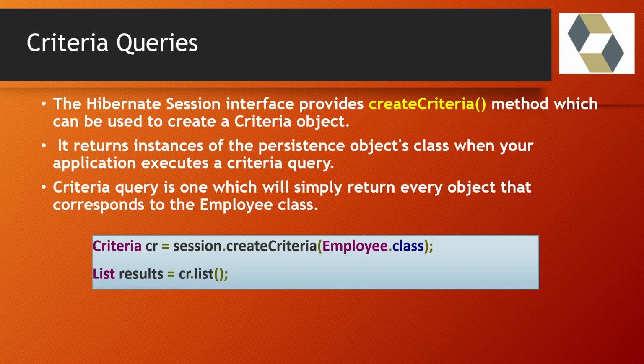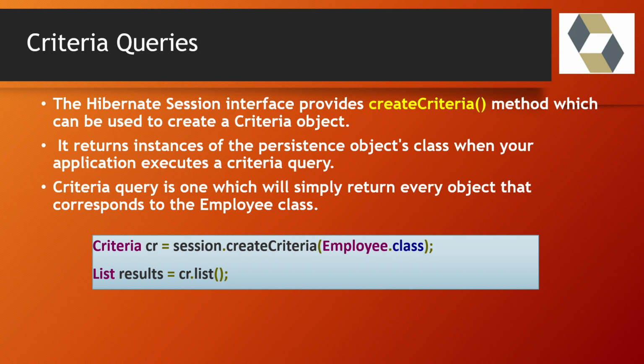The Hibernate session interface provides the createCriteria method, which can be used to create a criteria object. This will return an instance of the persistent object class. You can just see here, the criteria query will simply return every object that corresponds to the Employee class. Same as you previously did using the query objects. Here also we are using it to return the records. So what is the output of this?